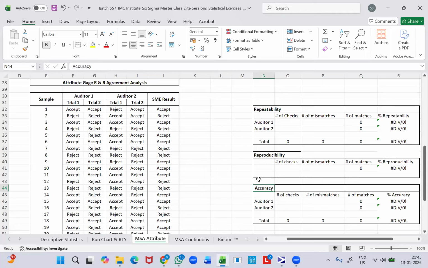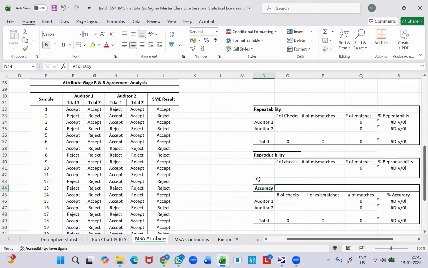Even if one of the three metrics has a variation percentage in excess of 10%, then we cannot proceed any further. So we need to infer that the measurement system is not working fine. So probably the quality auditors in the discrete data measurement system analysis are not providing the correct result, right?